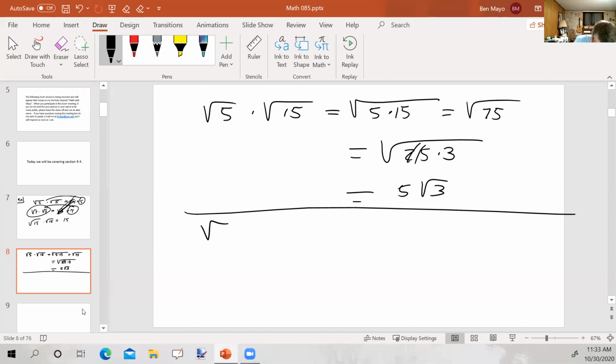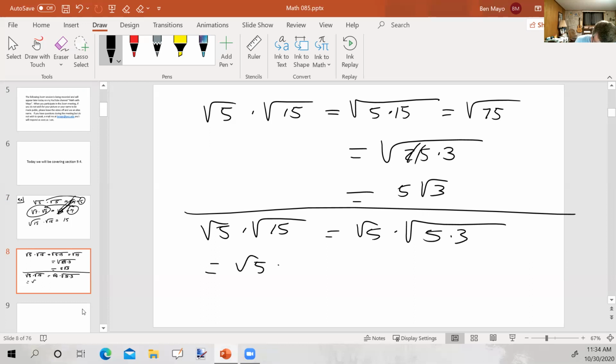Here's another way we could do this problem. We could think of this as the square root of 5 times the square root of 5 times 3.